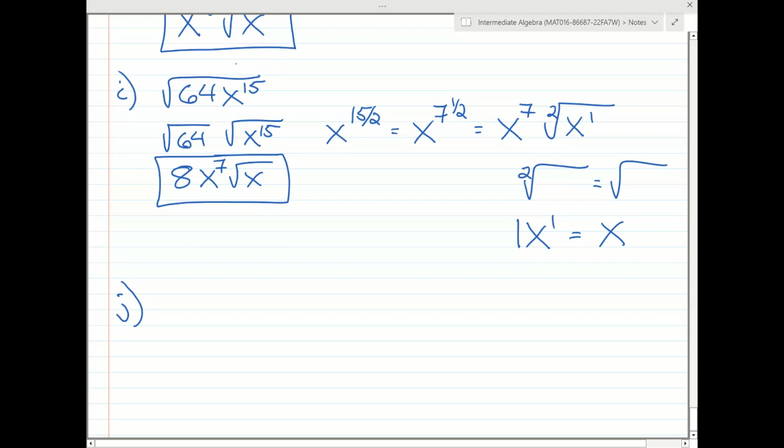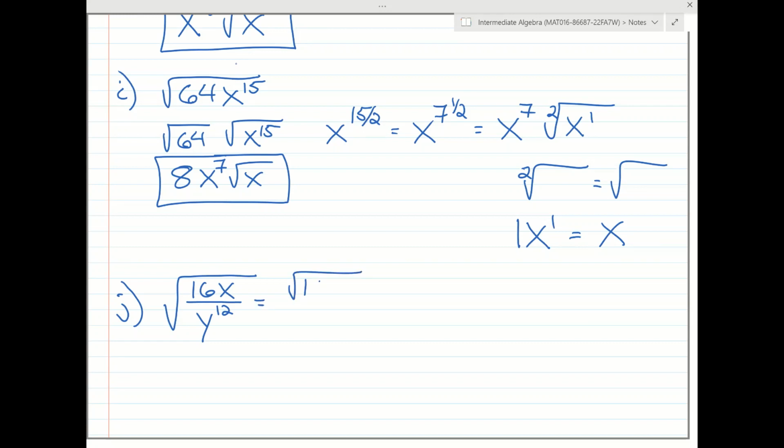What if we had the square root of 16x over y to the 12th? Just like before, we could break this up top and bottom.